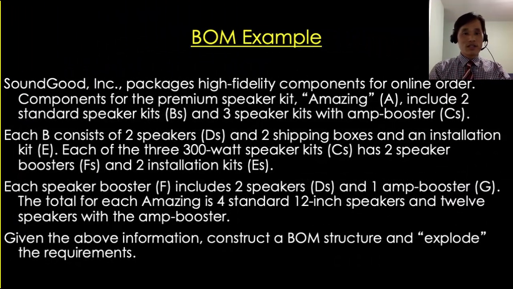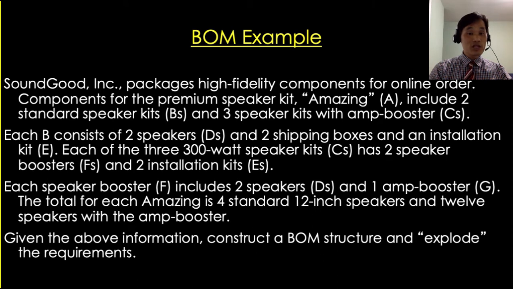Let me read this bill of materials example. Sound Good System packages high fidelity components for online order. Components for the premium speaker kit, Awesome Speaker A, include 2 standard speaker kits B and 3 speaker kits with amp booster C. Each B consists of 2 speakers, Ds, and 2 shipping boxes, Es.